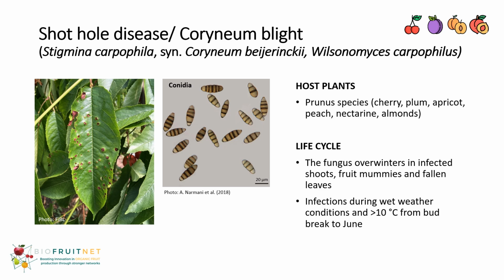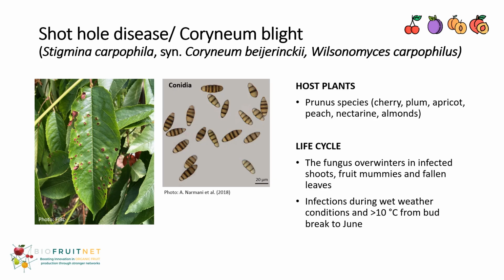The fungus overwinters on infected shoots, fruit mummies, and fallen leaves. Infections are possible from bud break to June under humid conditions and temperatures above 10 degrees Celsius, while early infections leave the greatest damage.